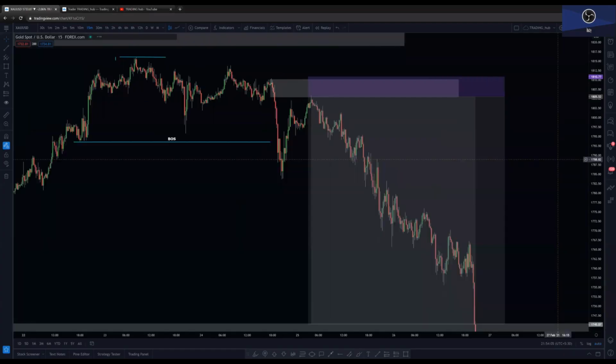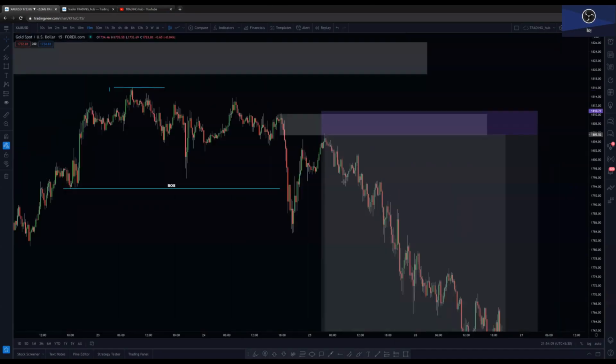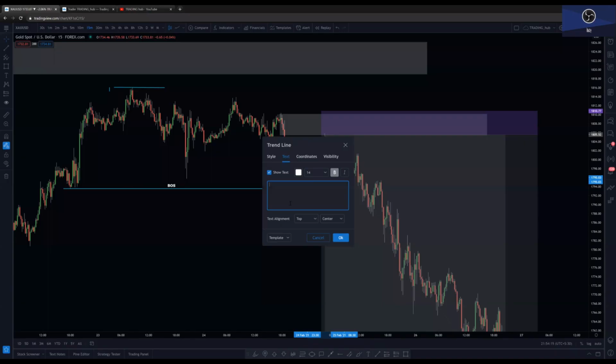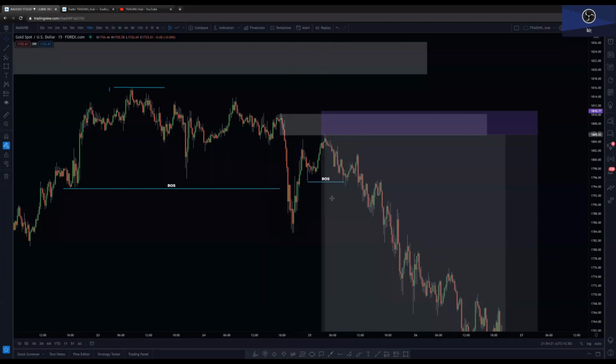Now, when you move to the 15-minute structure, you can see here this one is also a break of structure in the 15-minute, and this one is a swing high, this one is a swing high, and this one is a swing low. The market breaks this structure, then takes a pullback, which is here.